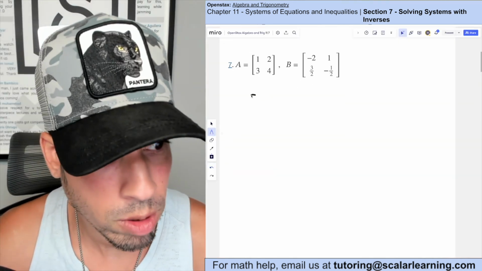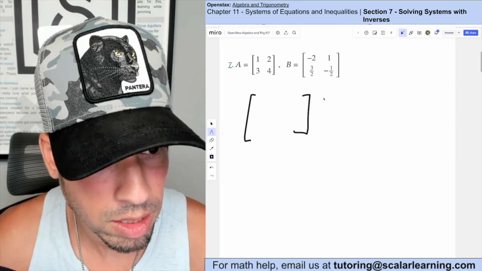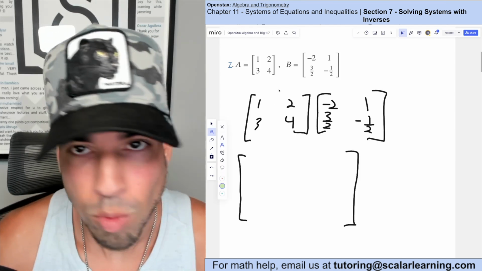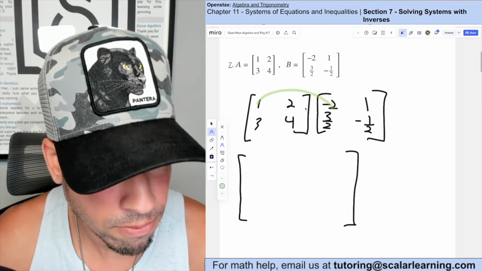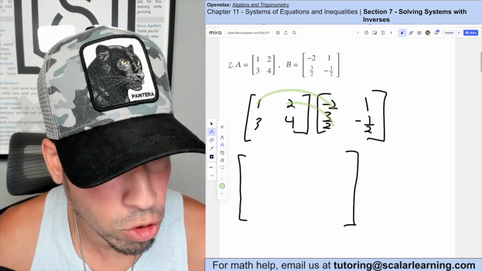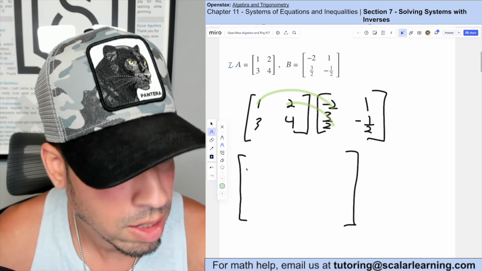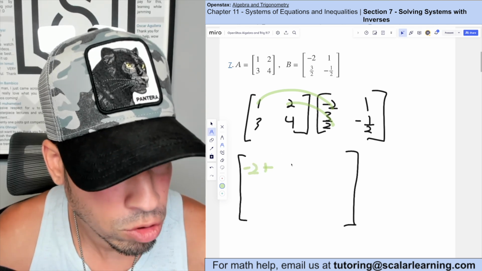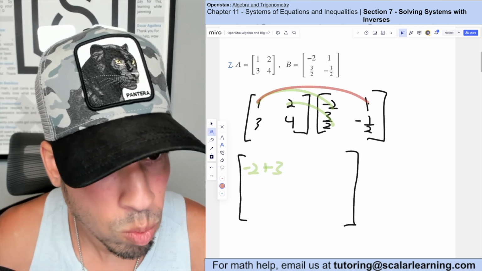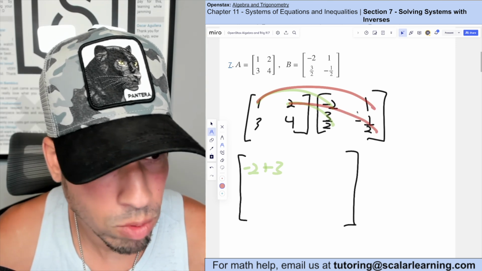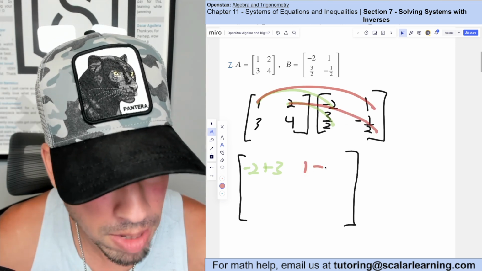For this one, we've got to show that these two are inverses of each other. To show that, we're going to multiply them and see if we indeed get the identity matrix as a product. We're going to do a little color coding. First row times first column: -2 plus 2 times 3 halves is 3. Then 1 times 1 plus 2 times -1 half, that is 1 minus 1.